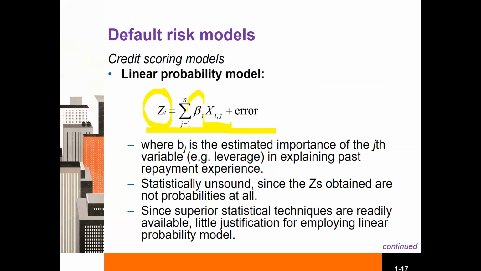These betas are essentially the estimated parameters of the variables that are explaining past repayment experience. Once we estimate this model based on the past data and we get the estimated parameters, these parameters are used to estimate the probability of default of a current loan. So this is how we use the linear probability model.